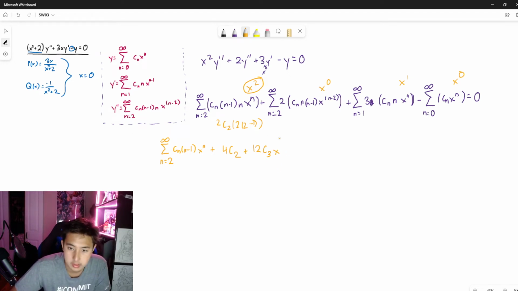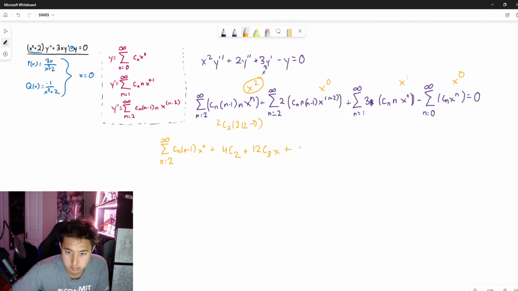Now we have, so this one is going to be rewritten later, but for now we have the next term. If we're using 2 as our highest exponent, we're going to try to get this x to the n minus 2 to actually be 2 as opposed to 0.